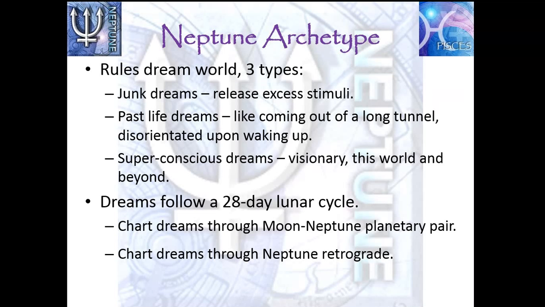So if you want to do some charting of your dreams, you chart dreams through the lunar cycle. And I would say Moon Neptune from conjunction to conjunction. And you can also chart your dreams through Neptune retrograde. Because when Neptune is retrograde in any sign, the door is open to the unconsciousness. The psychic sensitivity can come up easier, and especially through Neptune in Pisces.